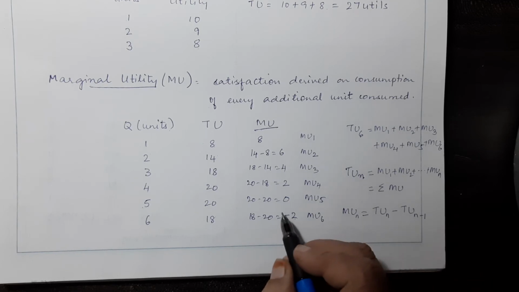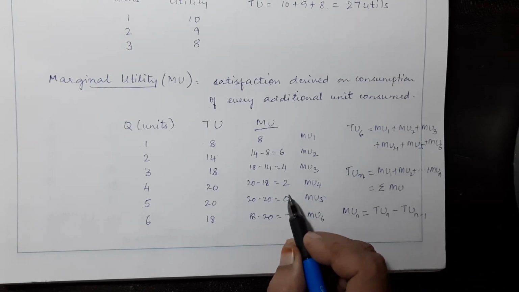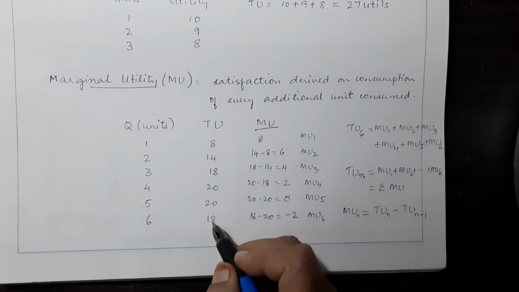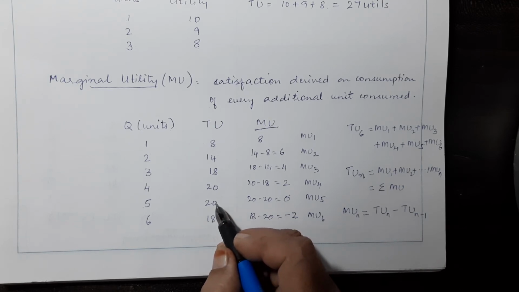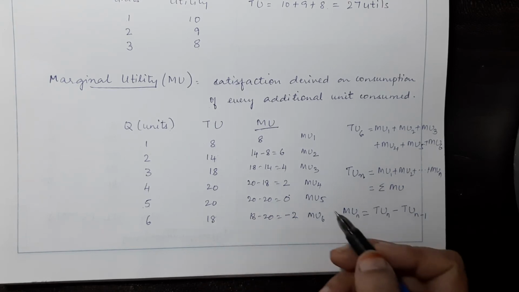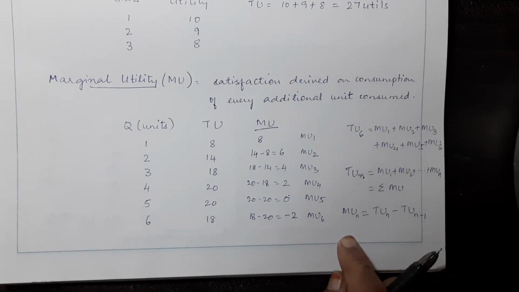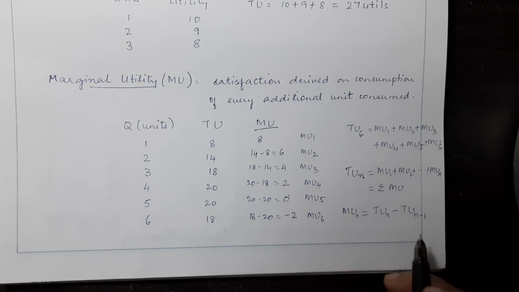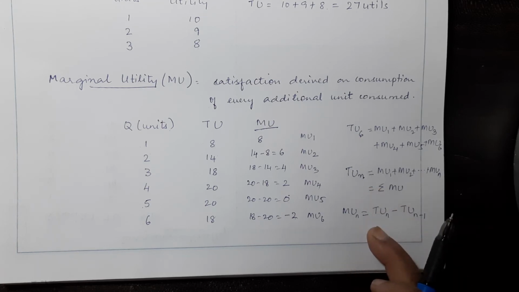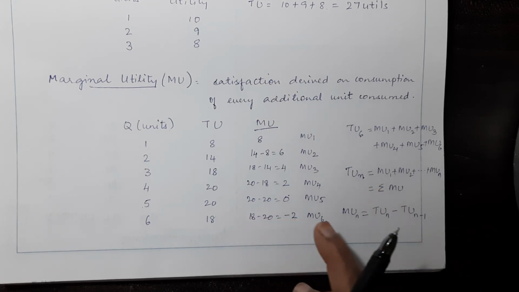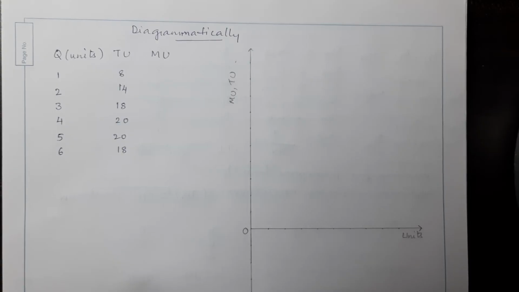That means if we want to calculate the marginal utility of the 5th unit, then we will have to subtract TU of the 5th unit from TU of the 6th unit. So that will give us the marginal utility of the nth unit. So these two formulae are very important to calculate total utility as well as marginal utility.